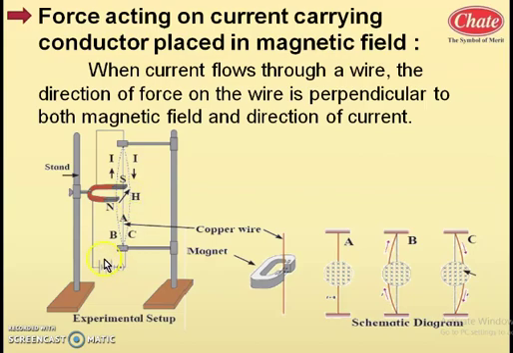If we change the polarity of the battery, then the direction of current in the conductor reverses. As the direction of current reverses, its deflection also reverses. For example, in the earlier case, if the conductor moved in the right hand direction, in the next case on reversing the polarity of the battery, it will experience a force toward the left.